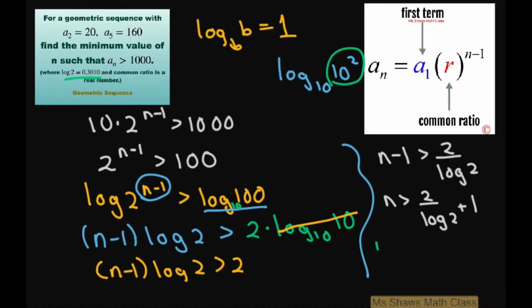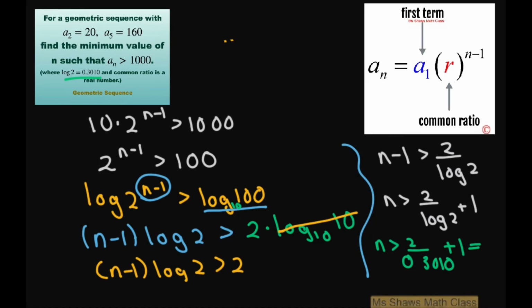So n is greater than 2 divided by 0.3010 plus 1. This gives me 7.645. Therefore, for the minimum value of n, you have to round up.